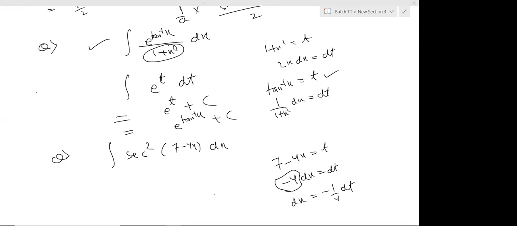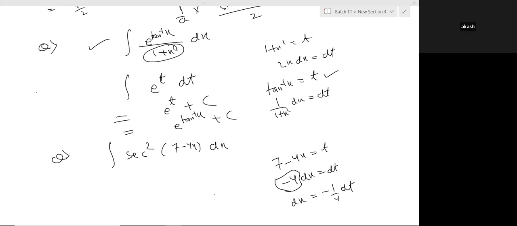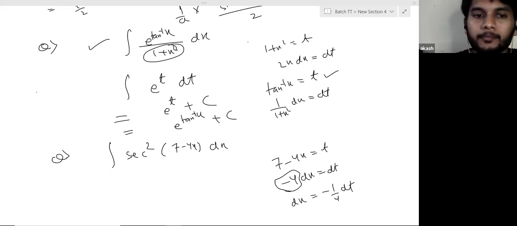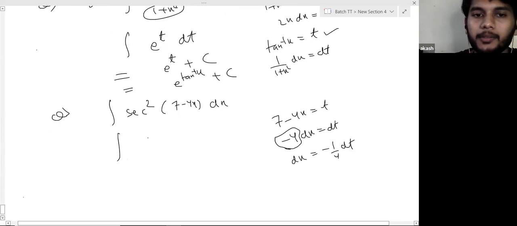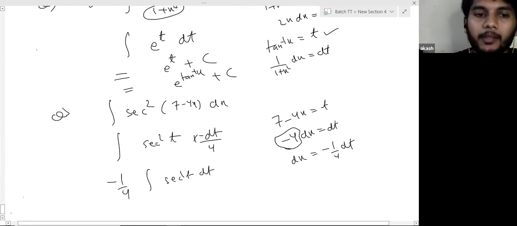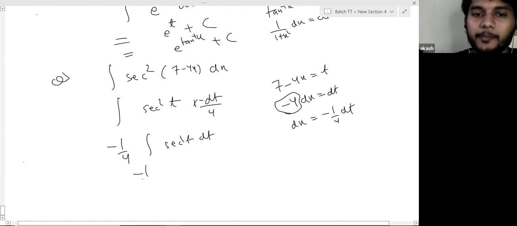All right, correct answer. So this integration becomes integration sec square t dt times minus 1 upon 4. So minus 1 upon 4 we can take outside, integration sec square t dt. So integration of sec square t is tan t.